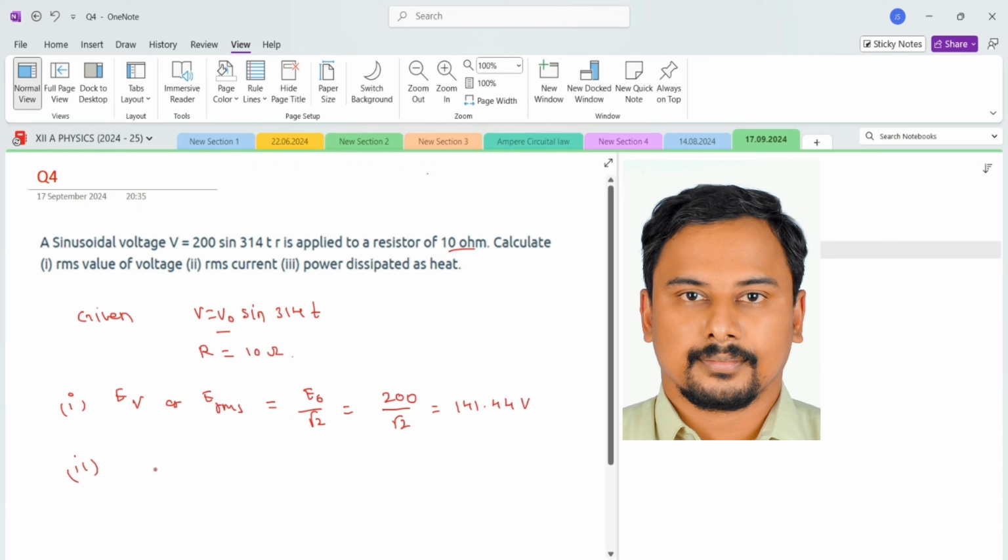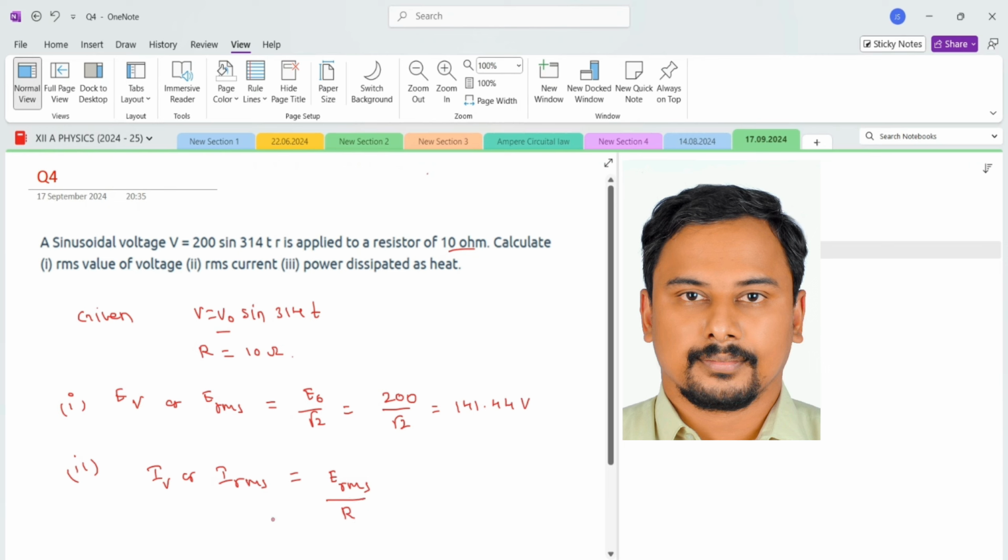Now, the second thing, they are asking to find the I RMS current. RMS current means effective current. What is the relation between the EMF and the current I? It will be in terms of E RMS by the resistance, which is given as 10 ohms.